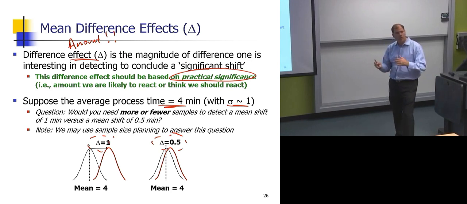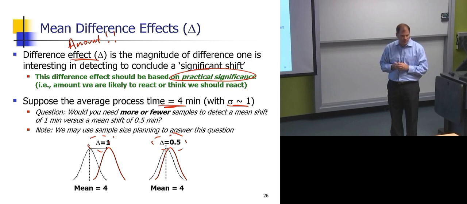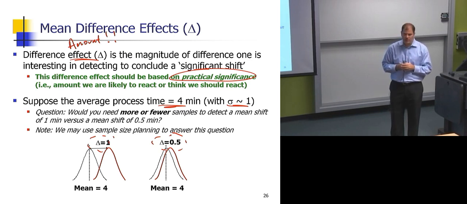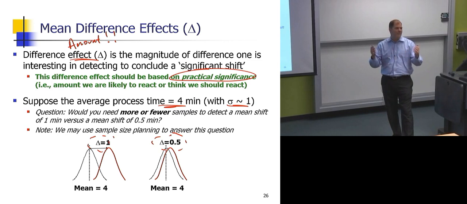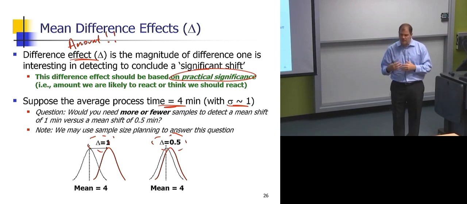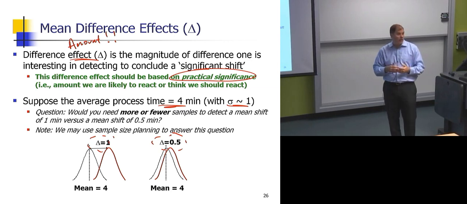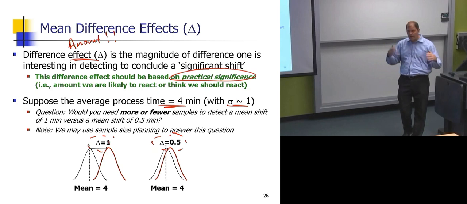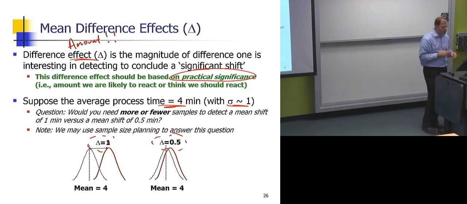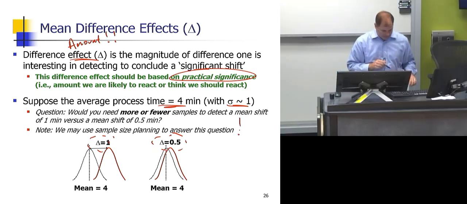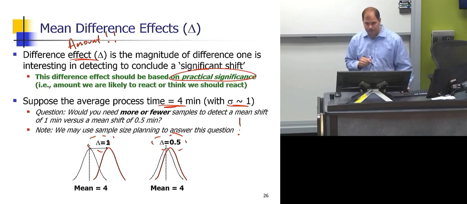Are you going to need more or less samples than if you're trying to detect a shift of 1? More or less samples? Probably going to need more samples. Right? And the question is, how many more? This is why we do power and sample size planning. We identify an amount of a shift, and then we say, well, if I wanted to be even more or even less, or what am I trying to get to, all of this stuff is based on power and sample size planning.